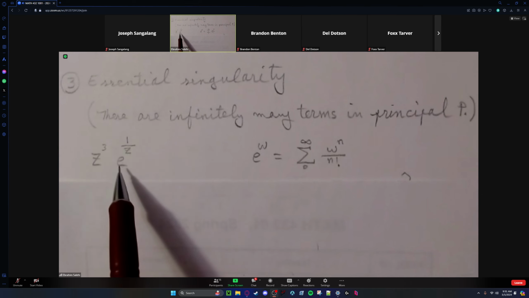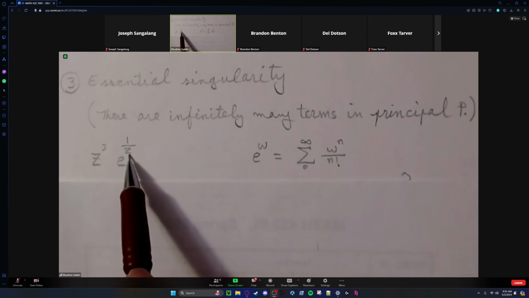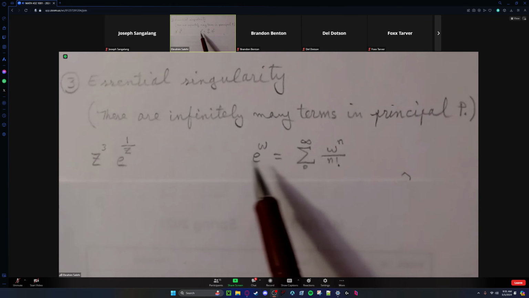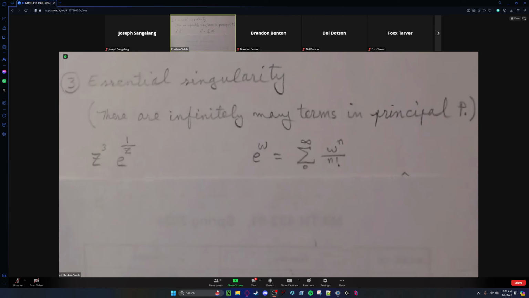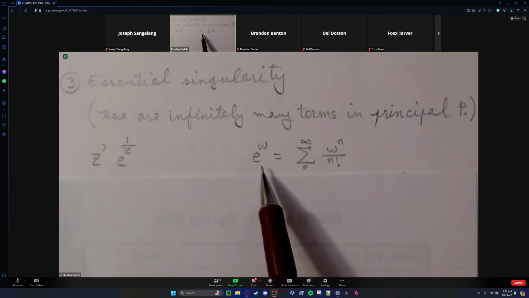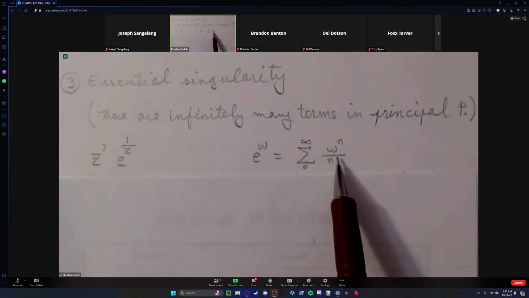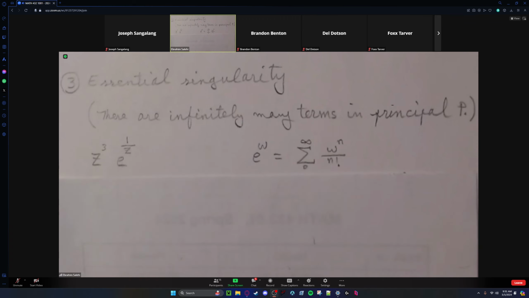Actually, it is the only bad point for this function. But I know that e to the w is a beautiful function, an entire function, valid everywhere for all w's. So I replace w by 1 over z, and I will get this.